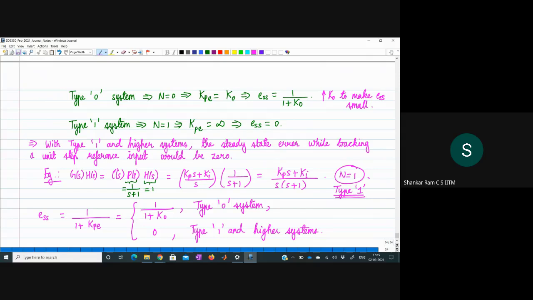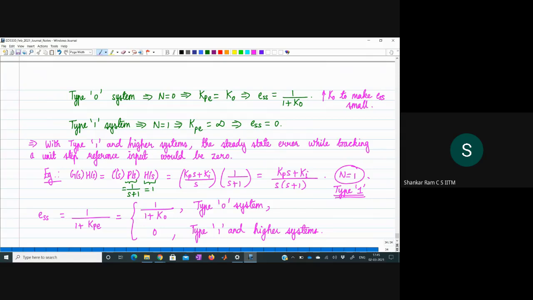I hope this is clear to everybody, as to how we got the steady state error to be theoretically 0 with this integral control.